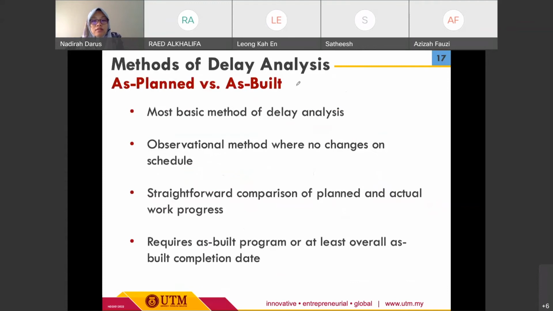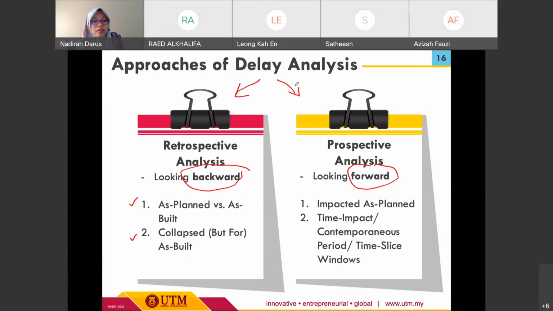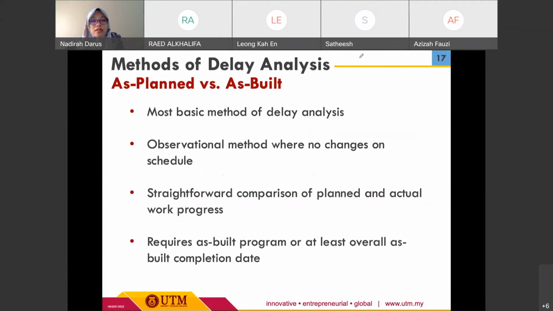For the retrospective analysis, RA, we have the first one. Overall, this is the most basic method for delay analysis. It's more of an observational method where there are no changes to the schedule. The project manager or planner needs to observe the planned schedule and also the as-built schedule.